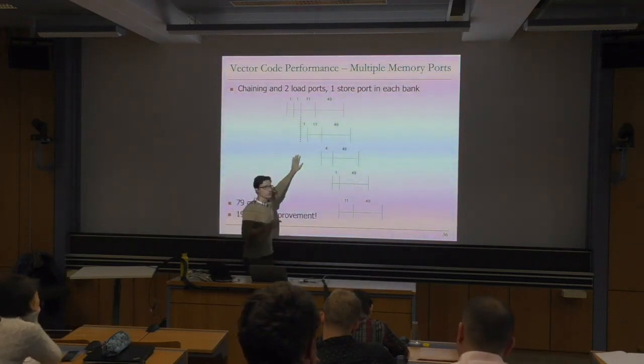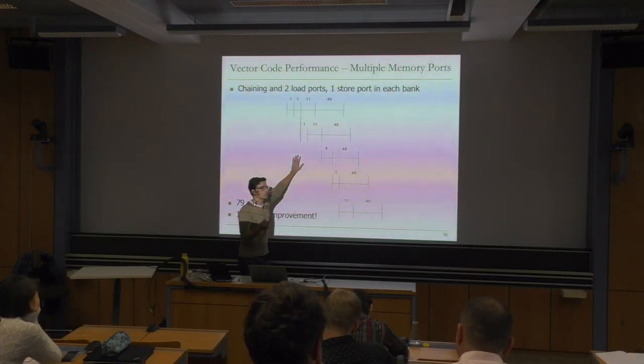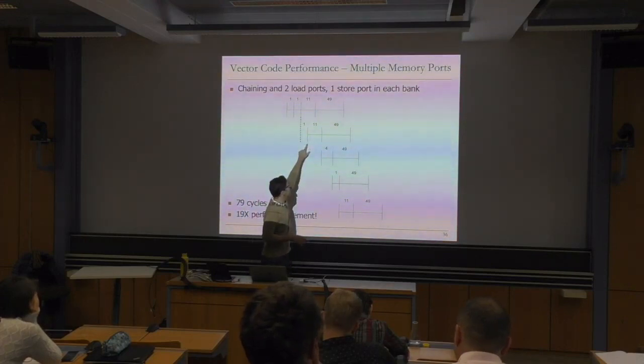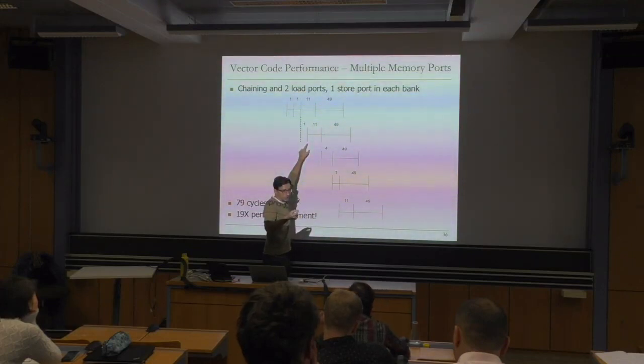The thing is that you generate one address every cycle. That's clear, right? In the first cycle, let's say cycle 0 or cycle 1, you generate the address for the first memory access, and 1 cycle later you have the address for the next memory access.